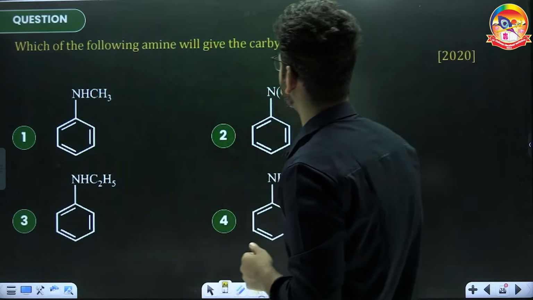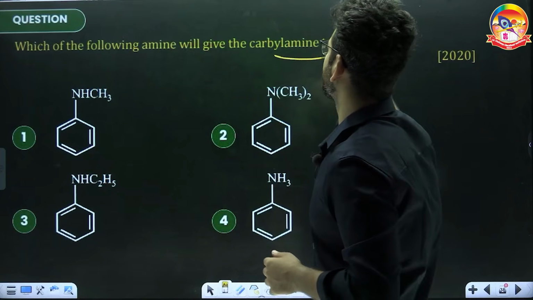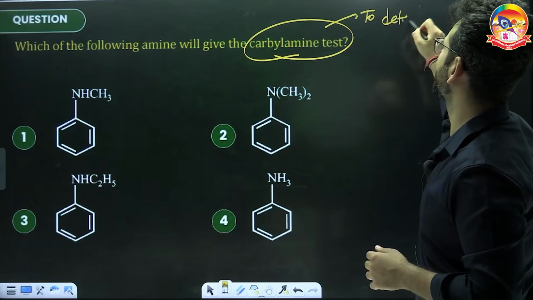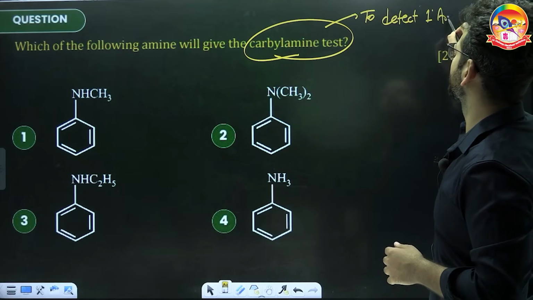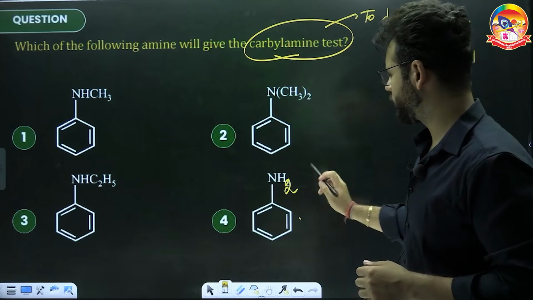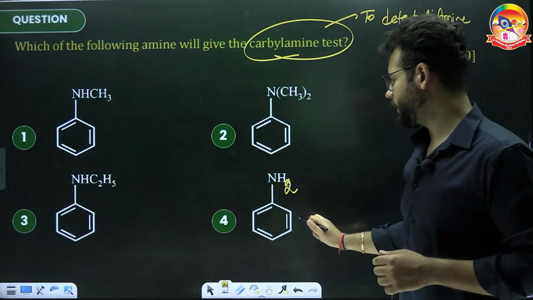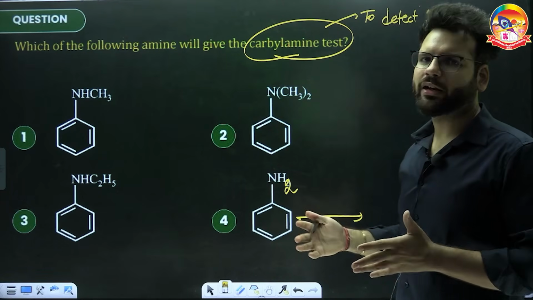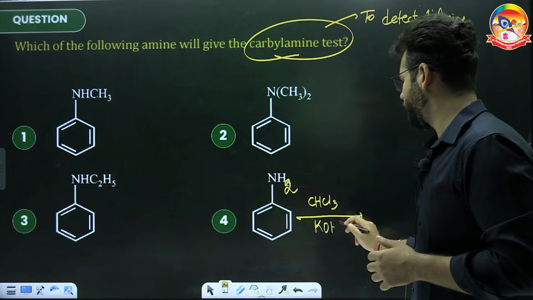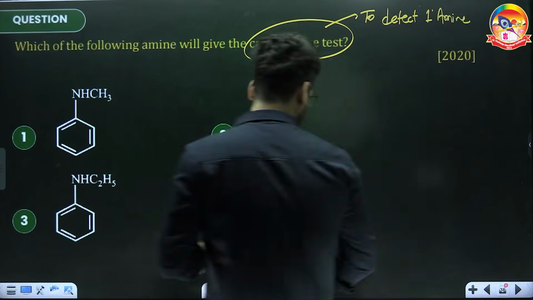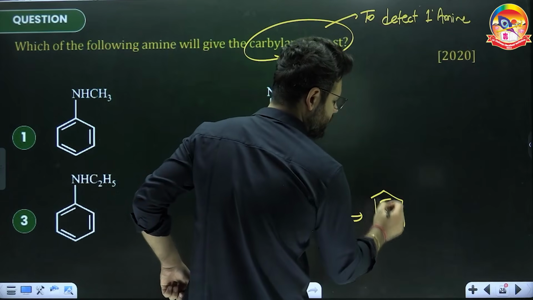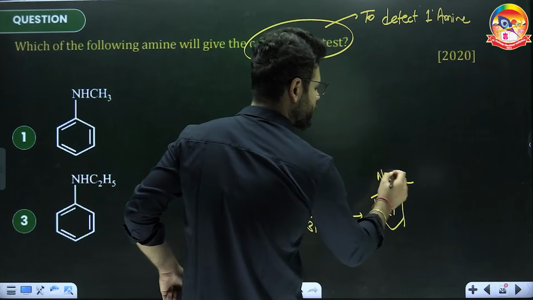Moving to the next one. Who will give a carbylamine test? Very important test to detect a primary amine. Whenever you take a primary amine like aniline, whether it is aromatic or aliphatic doesn't matter, when we react it with chloroform in the presence of KOH in 1:3 ratio, we get a very bad smelling compound which is an isocyanide, with triple bonds.